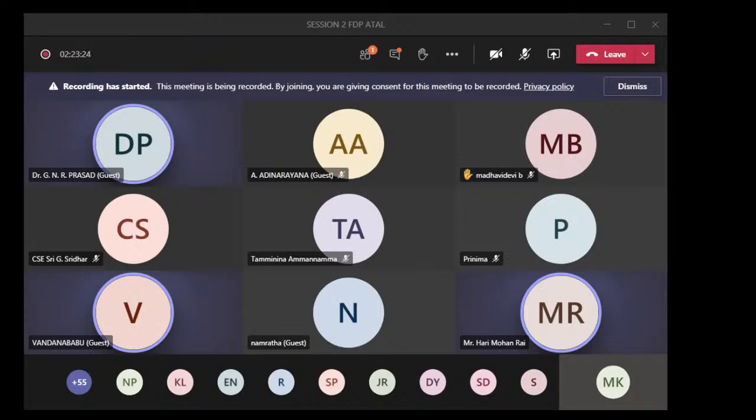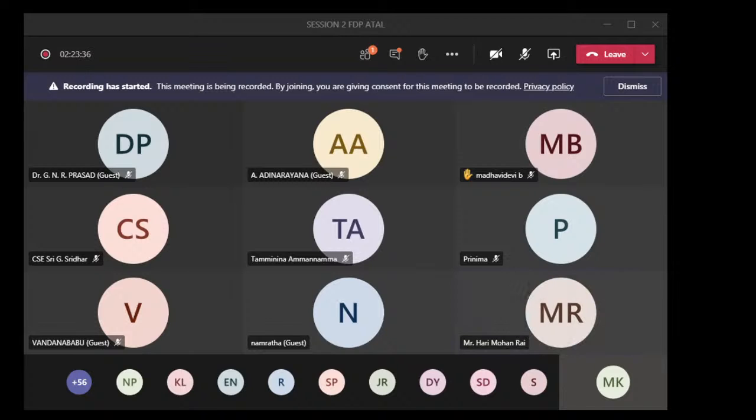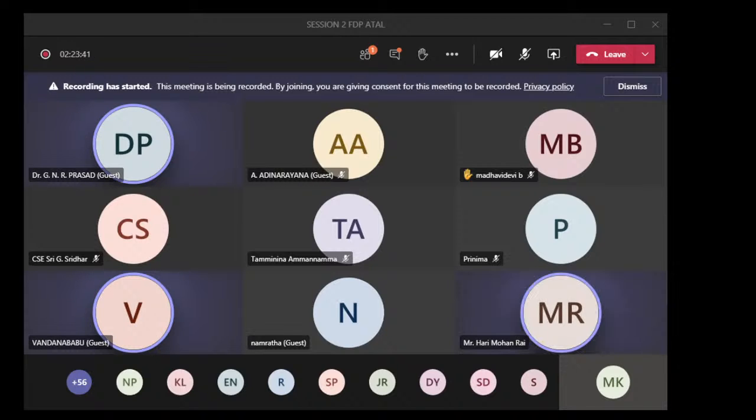Vandan Babu garu, please. Yes. Sir, apart from convolutional neural networks, what model could be used for automatic feature extraction? Apart from CNN, which is used for automatic feature extraction, what other deep learning models could be used for automatic feature extraction?